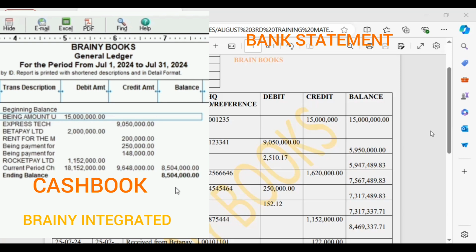We can see receipt from models, 15 million naira. Good. So 15 million naira came in. That is like the startup capital for this particular business. Now, from the cash book that you have, you are going to check.